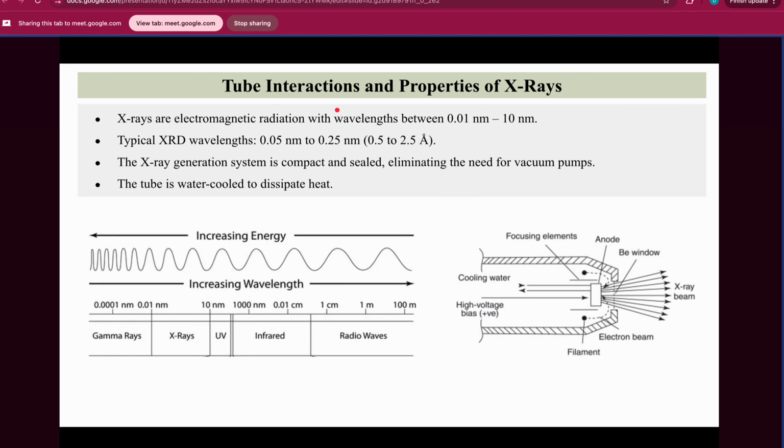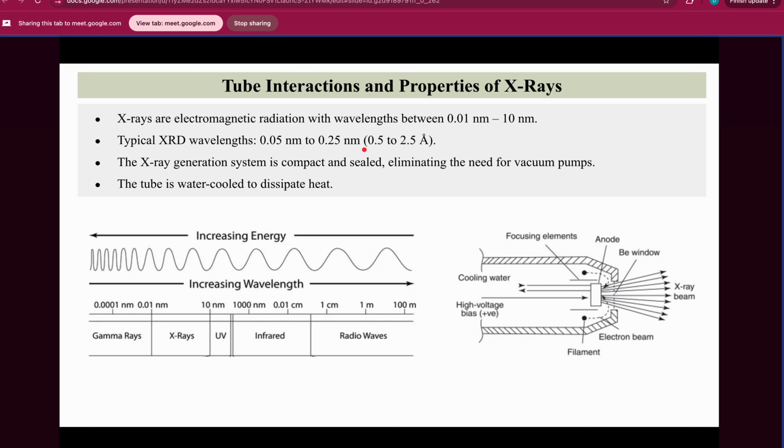Now we will talk about the tube interactions and the properties of these X-rays. As we all know, X-rays are electromagnetic radiations, and they have a wavelength between 0.01 nanometers and 10 nanometers. This is the range in which X-rays have their wavelength, and the typical X-ray diffraction wavelength is 0.05 nanometers to 0.25 nanometers.